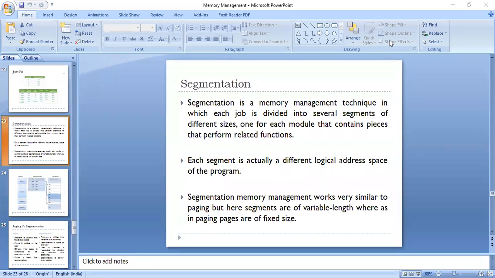And when we differentiate it from dynamic partitioning, segmentation may occupy more than one partition, and these partitions are not only contiguous but may be non-contiguous as well. So segmentation eliminates internal fragmentation to a huge extent, but like dynamic partitioning, it suffers from external fragmentation.